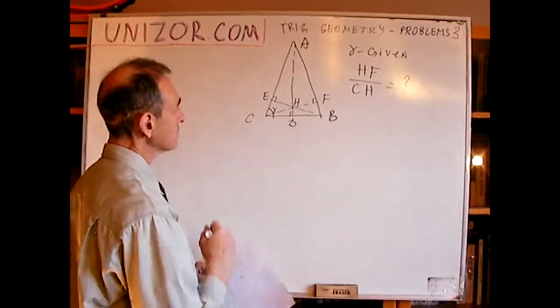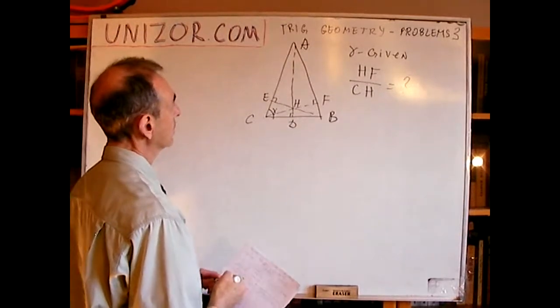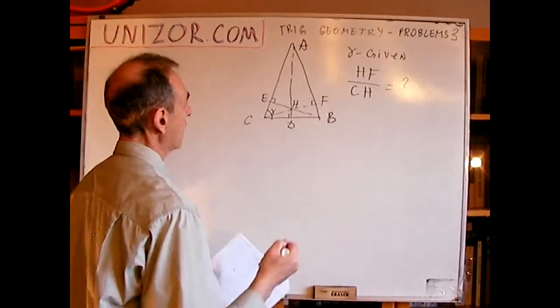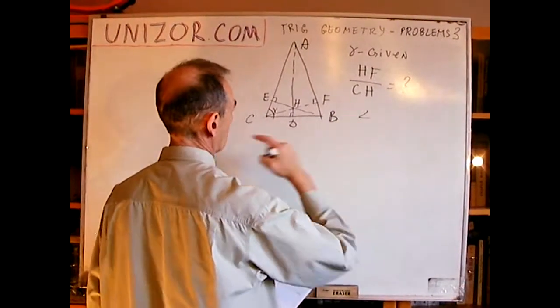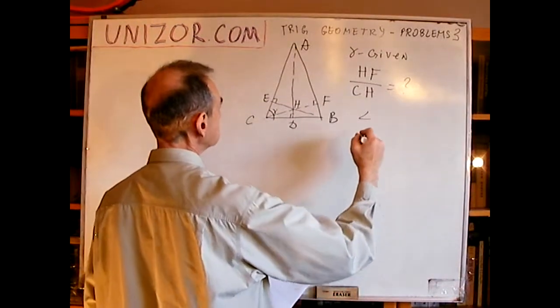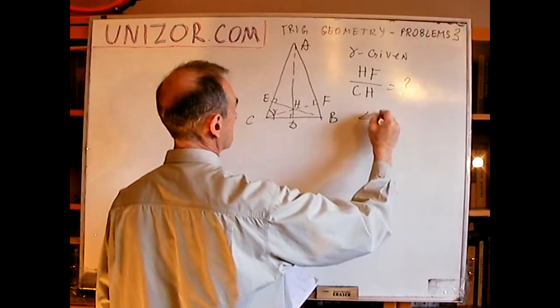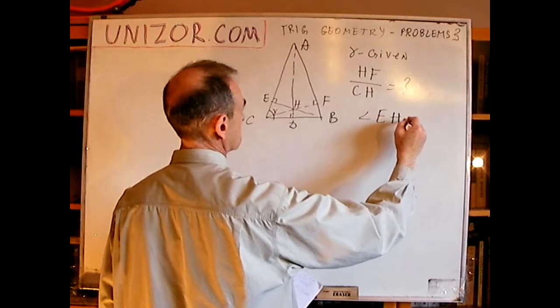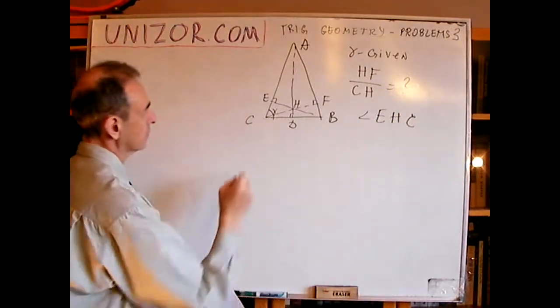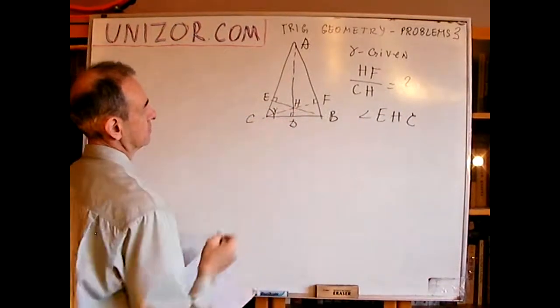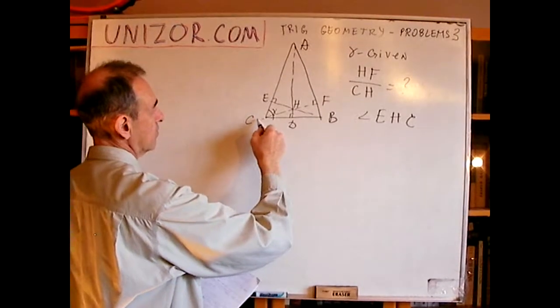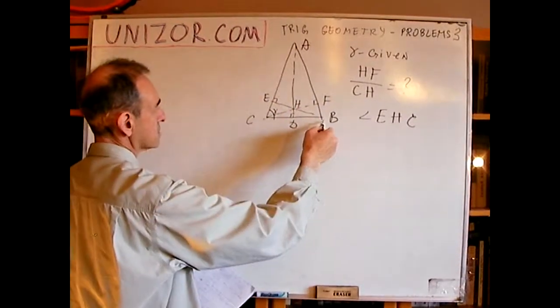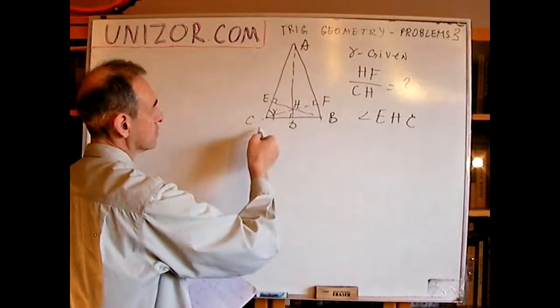So everything is symmetrical. But now let's think about it. Consider angle EHC. Well, this line is perpendicular to this. This line is perpendicular to this.